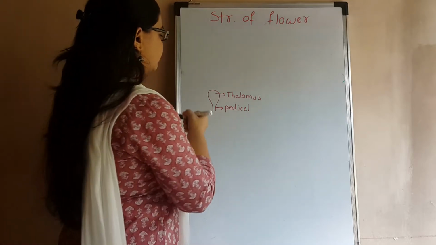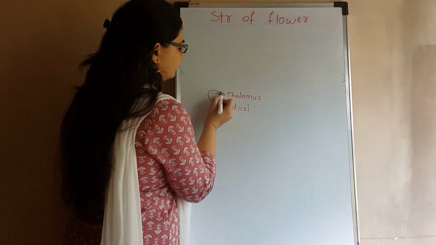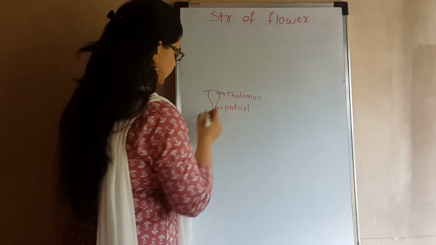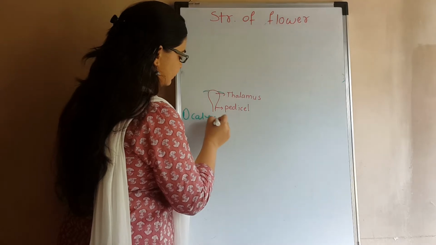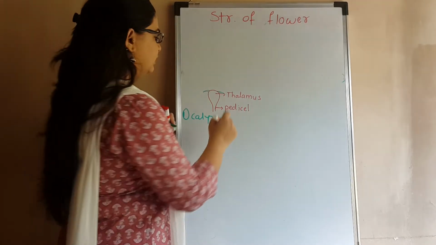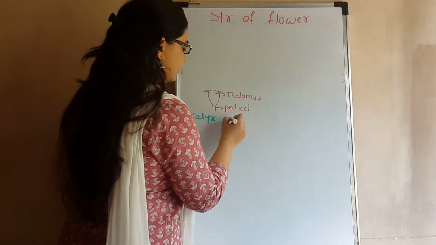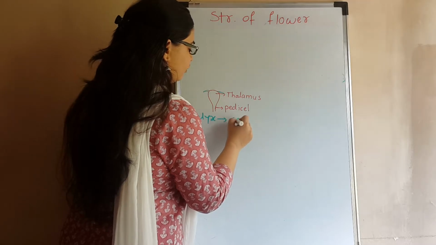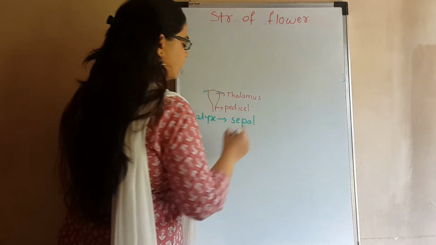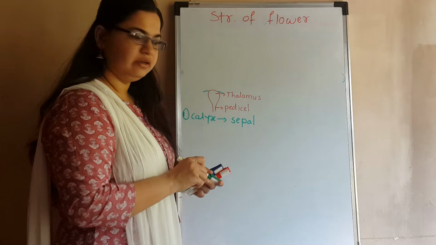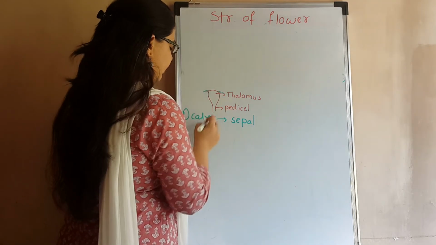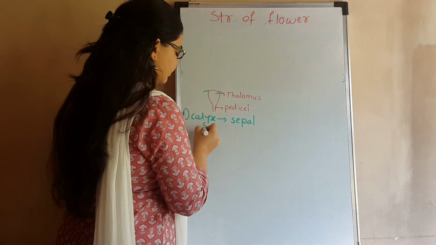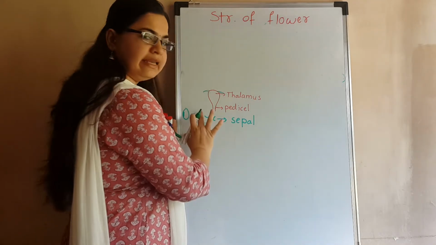So now the next whorl would be here. The first whorl would be the calyx. This is the calyx. The member of the calyx is known as a sepal, and collectively five sepals are called the calyx.